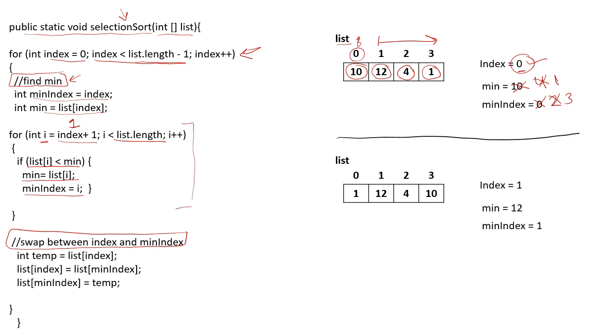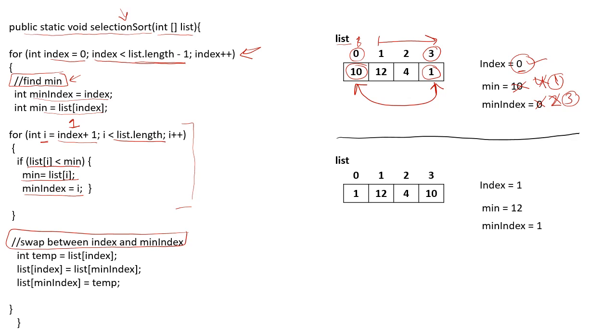So once we finish this step, we have the minimum value as 1. And in which location? Location 3. So it's more like I'm saying I found that 1 is the minimum value and it's located in location 3. So what we need to do, we have to do a swap now, because 1 is the minimum. It means I have to move it to the beginning of my array.